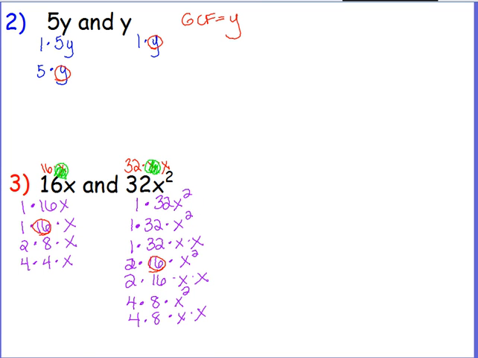So my GCF here is the greatest amount that they have in common, so the GCF is 16x. You can of course get here without having to list out every single way of multiplying to get 32x squared as a product.